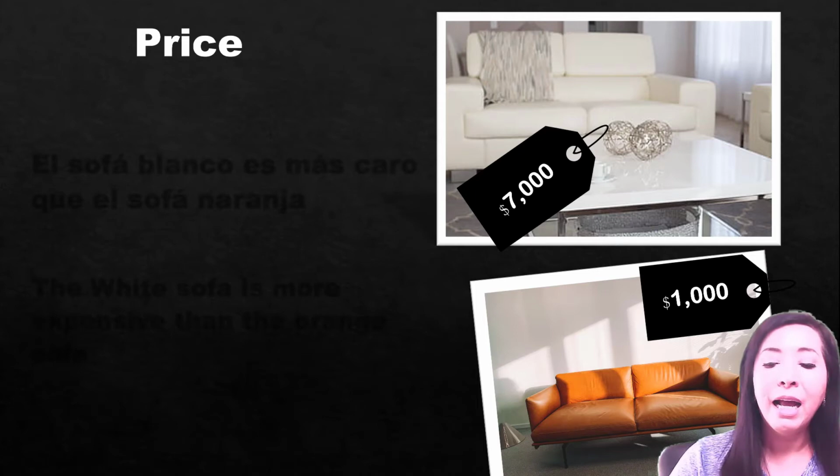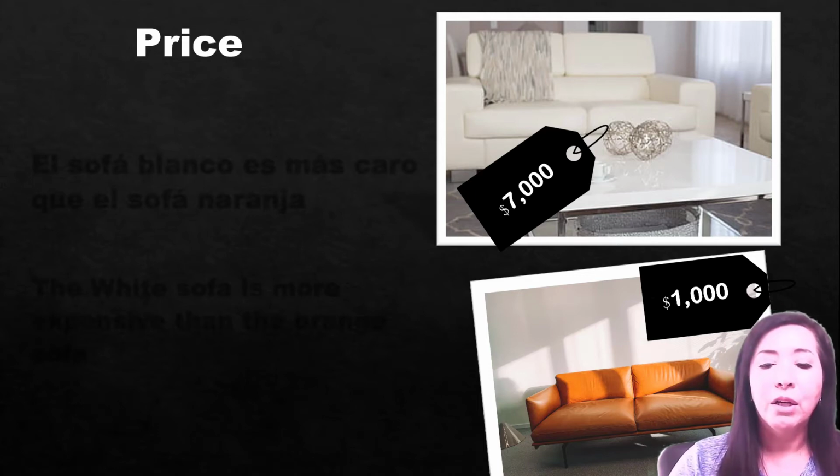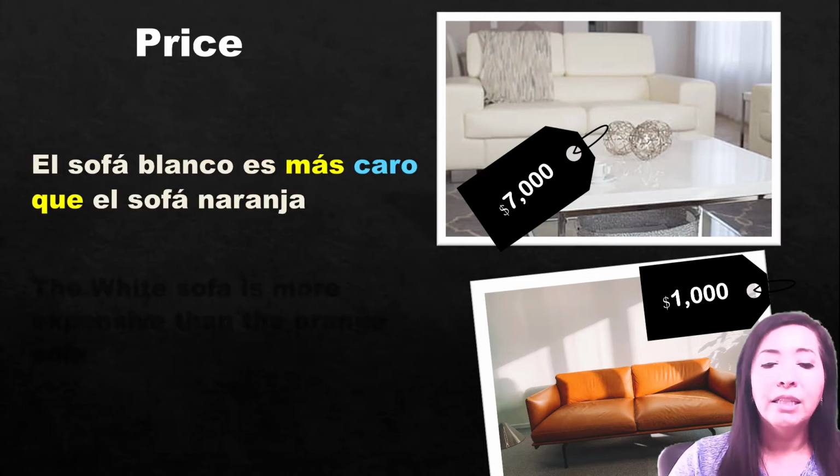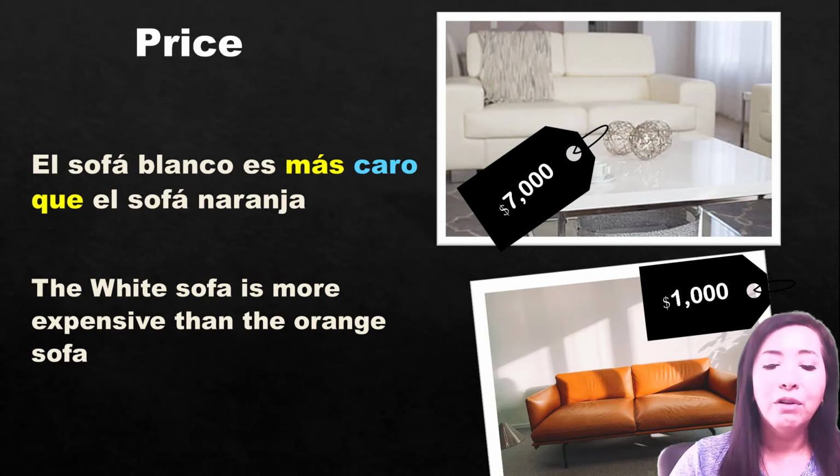El sofá naranja cuesta $1,000. So if we're going to compare, we're going to say that one is more expensive than the other. So we would say el sofá blanco es más caro que el sofá naranja. The white sofa is more expensive than the orange sofa.